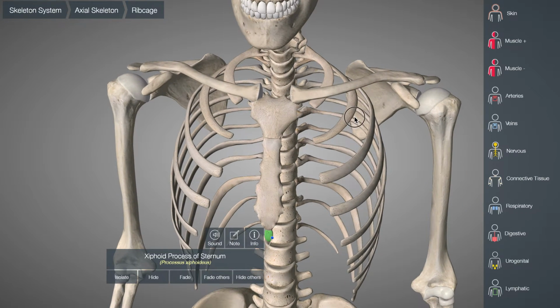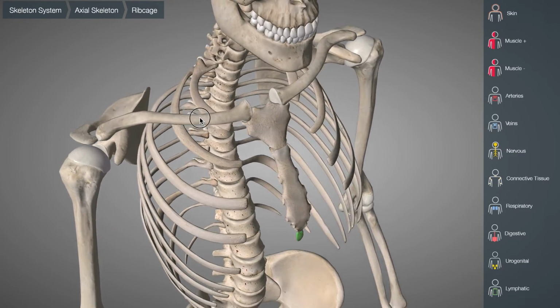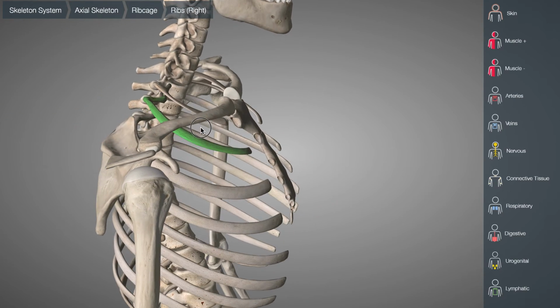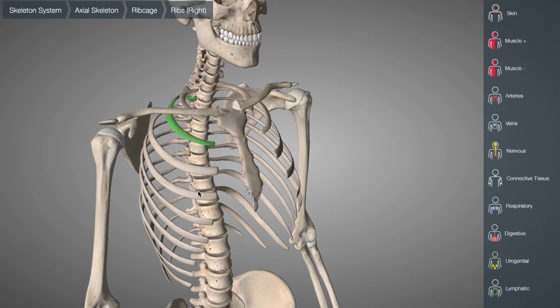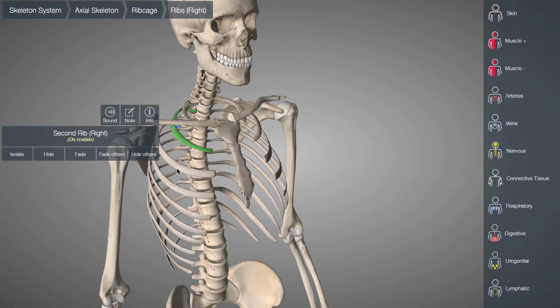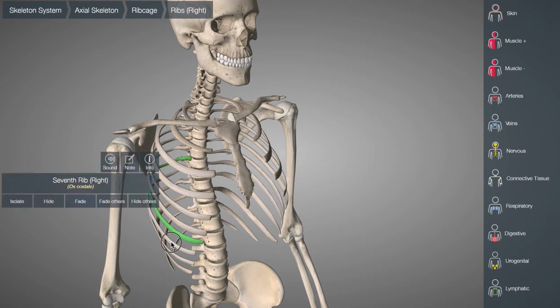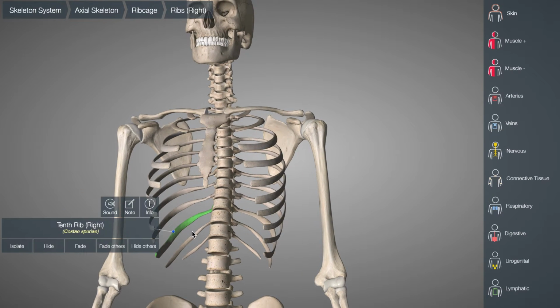Okay, so we've covered most of the axial skeleton there. We also have the ribs. The ribs are actually pretty simple. There are 12 of them. So we have 1, 2, 3, 4, 5, 6, 7, 8, 9, 10. And then the last two are pretty interesting.